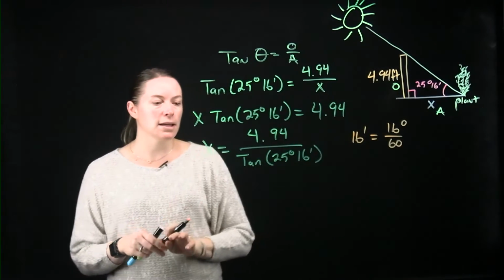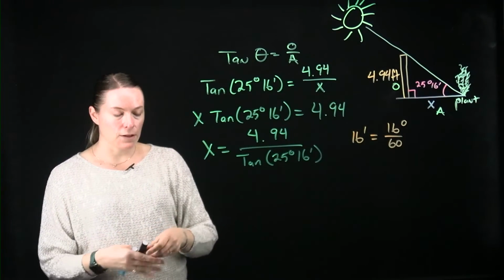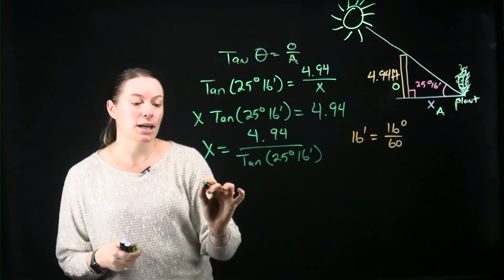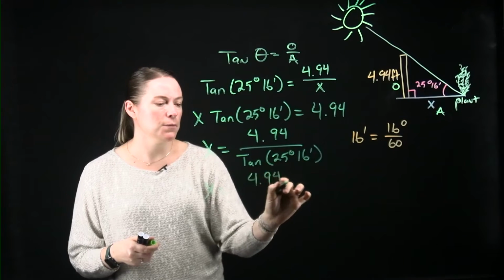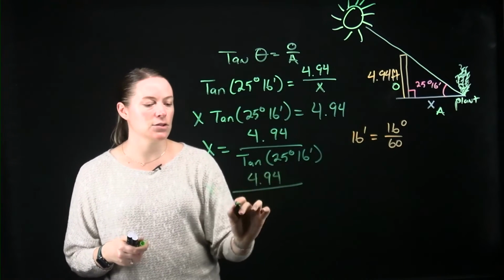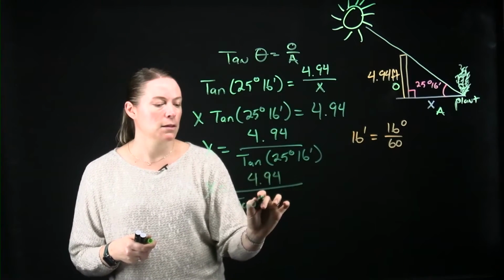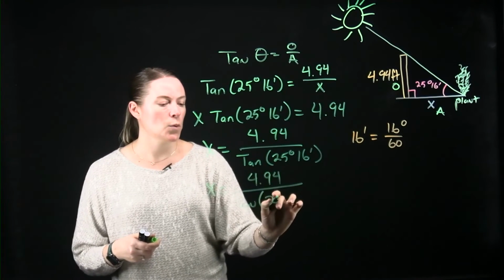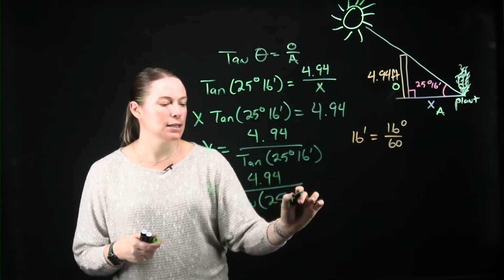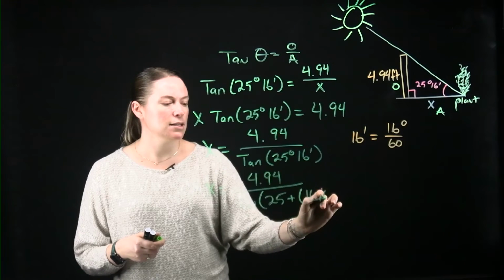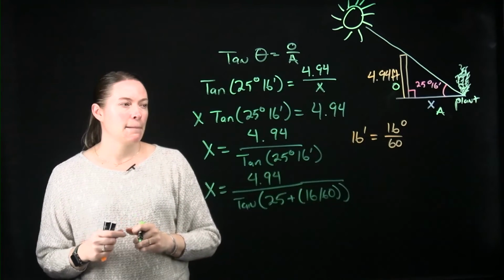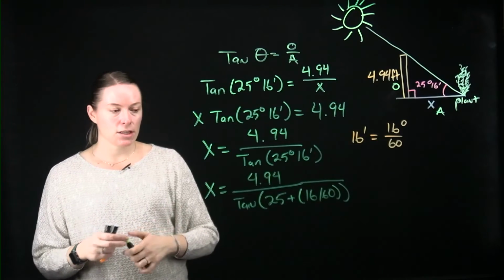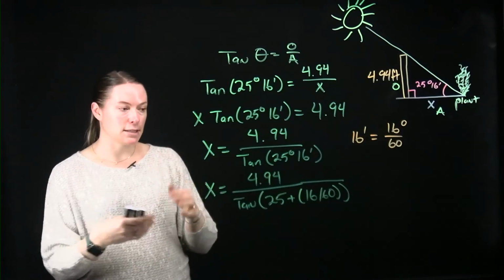So in my calculator, I type in 4.94 divided by tangent of 25 plus 16/60. Notice how I put parentheses around that. Once I have that, I can come up with my decimal answer.